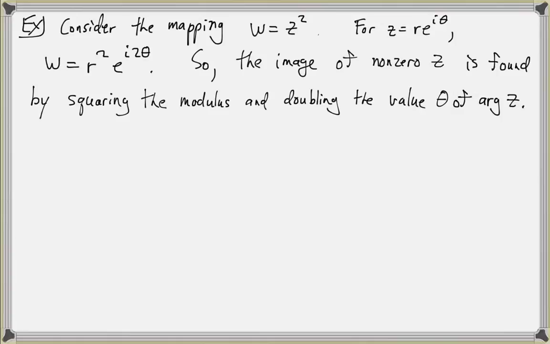Let's look at how a region will be mapped under the transformation z squared.